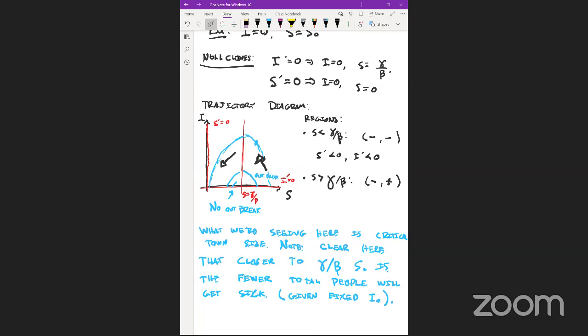And you can also see that, of course, we've actually gone and simulated this, so we know that these are what the solutions look like. But they can't really look that much different, right? I mean, we know that S is always decreasing and I is always increasing until we hit the critical town size, at which point the number of infected starts decreasing until eventually we hit one of our equilibrium solutions here.